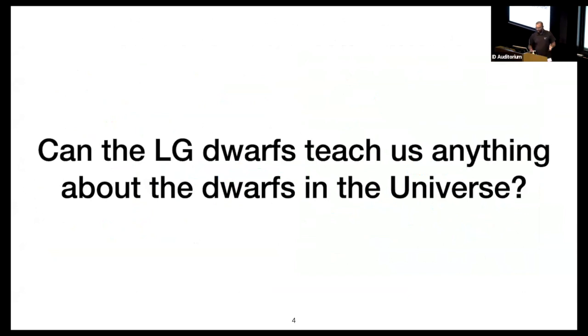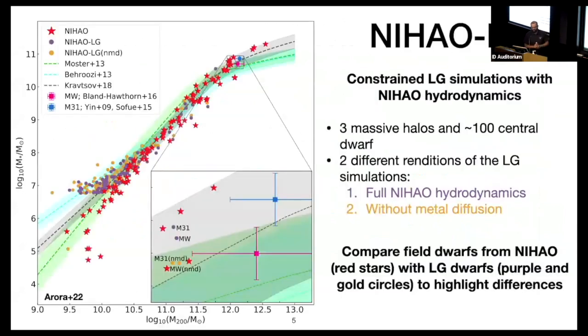And so for that, I turned to the NIHAO local group. It is essentially just a constrained local group simulation that has been run with NIHAO hydrodynamics. So the constrained ICs from clues give us Milky Way and Andromeda galaxies that are zoomed in here, along with about 100 or so central dwarf galaxies. There's two versions of it.